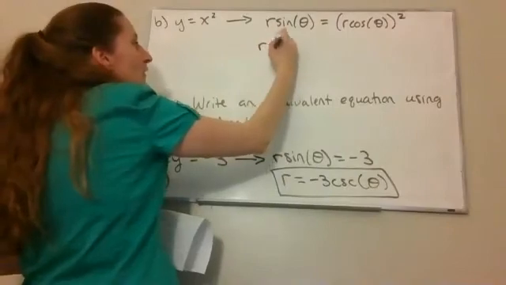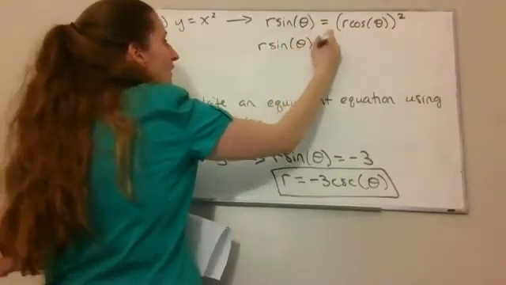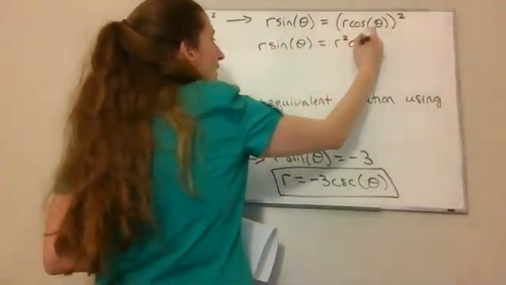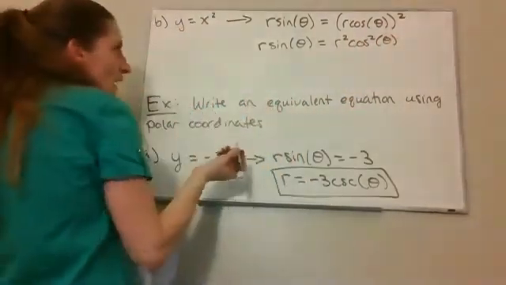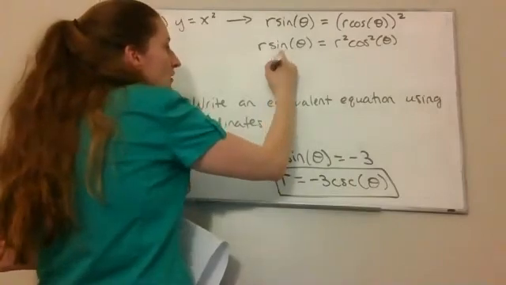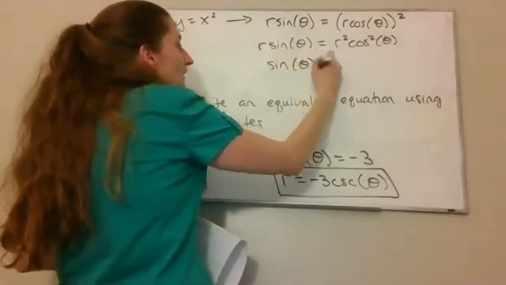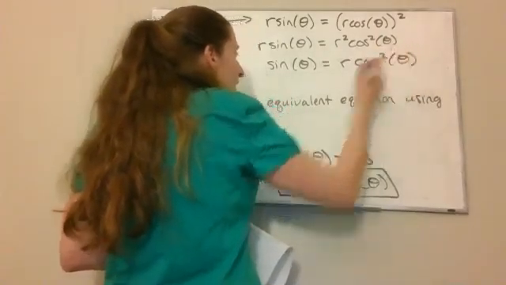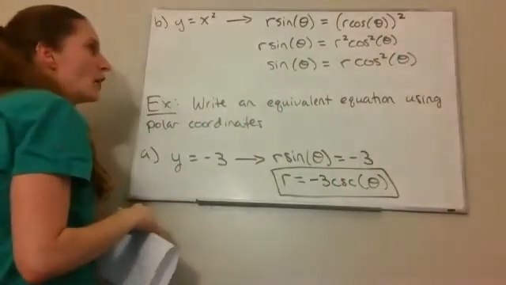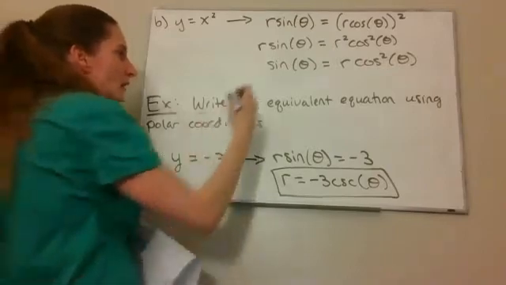So when I square the right side, I get r sine theta equals r squared times cosine squared theta. I can divide both sides by an r. You get sine theta equals r times cosine squared theta. And then I can solve for r by dividing both sides by cosine squared.